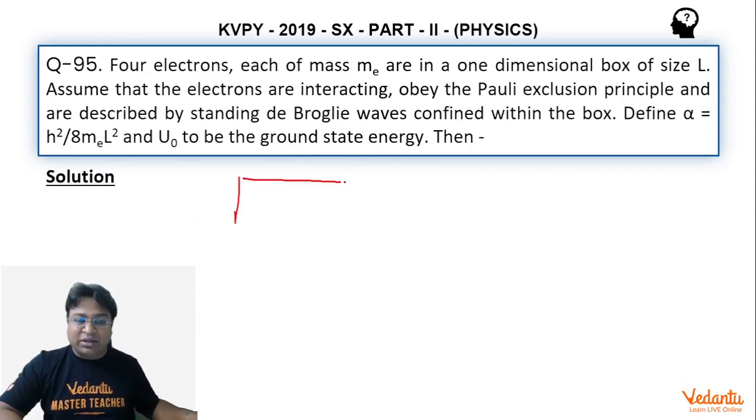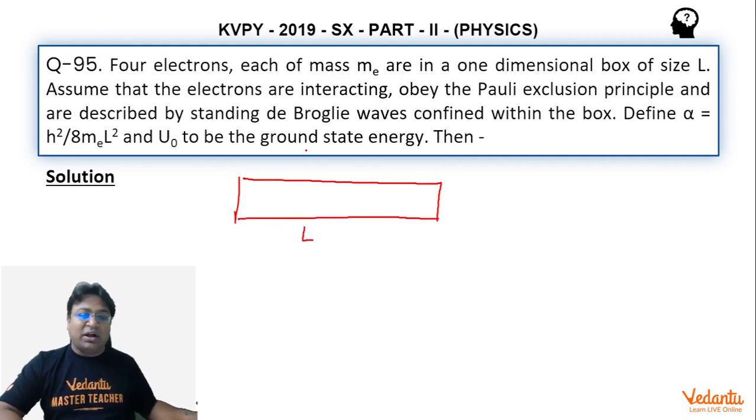So there is a one-dimensional region of length L, and the electron is confined to stay within this region, described by standing de Broglie waves.